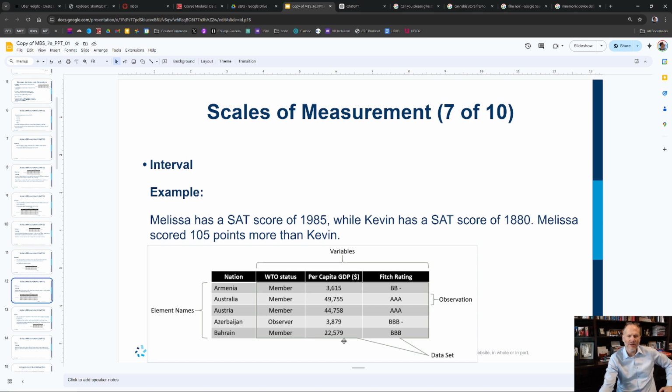But the interval here, with it being possible to be negative, matters, right? The interval between 3,615 and 3,879, we could see the difference between those two. That interval tells us something. Like this country is this much more than that country in GDP. So that's interval. Another example of interval is SAT score of 1985, SAT score of 1880.